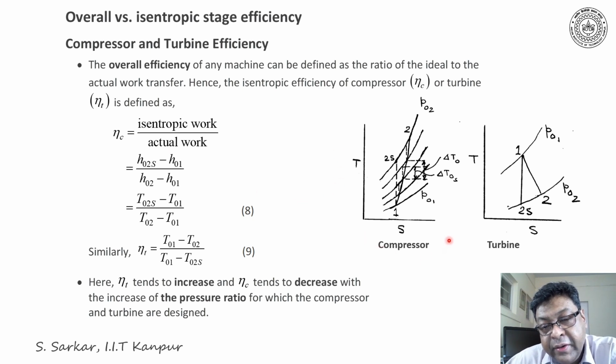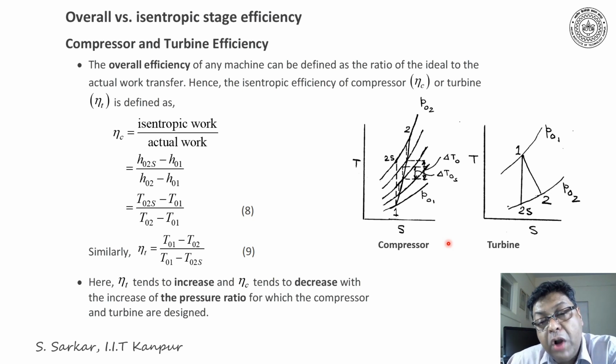Look here, the TS diagram represents the compression process of a compressor where P01 is the total pressure at inlet and P02 is the total pressure at the exit of compressor. And this compression occurs through a number of stages.